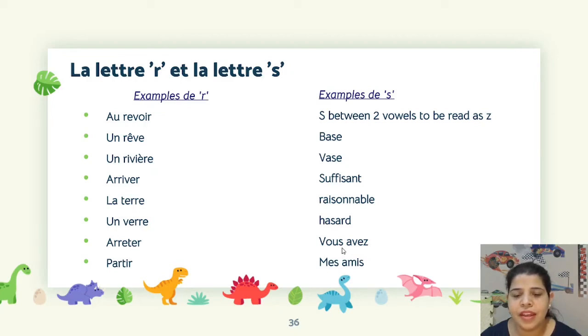There is a liaison, a connection between these letters, and when we connect the letter S, it becomes Z. Vous avez.